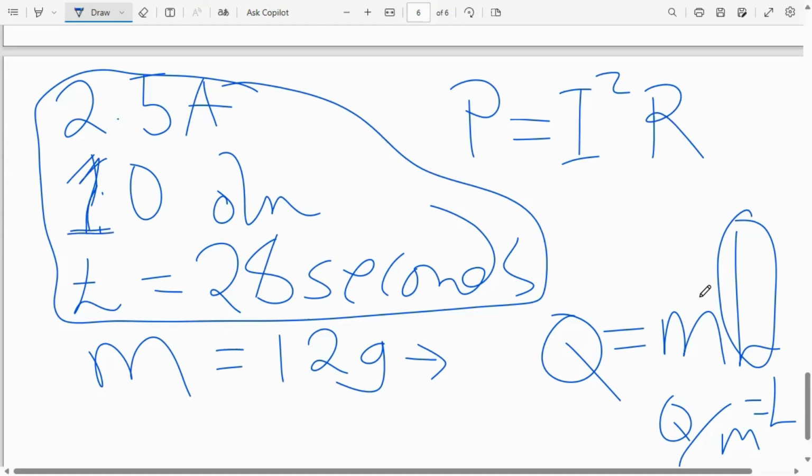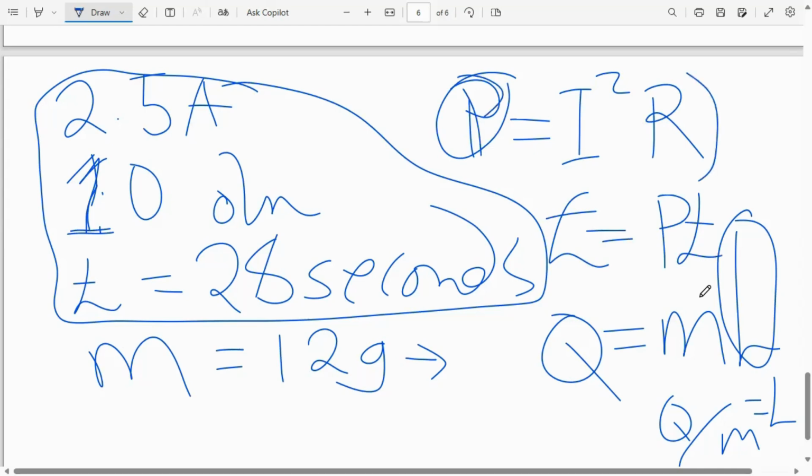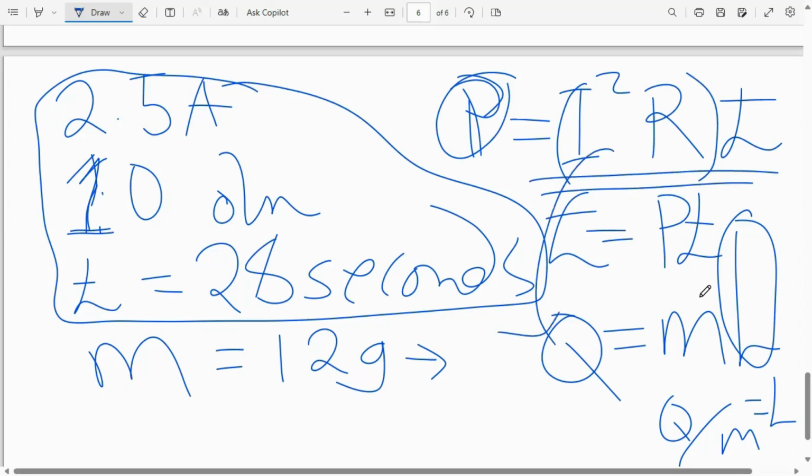In this case, the rating of our resistor is 10 ohms. But power is not energy. In order to find the energy, we use the formula energy equals power multiplied by time. So if this is the formula for power, we convert it into energy by just multiplying it with the time. This should give us the full energy that is required to change the state of this liquid.